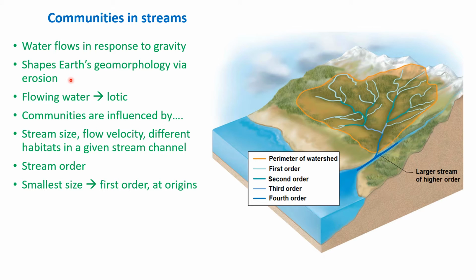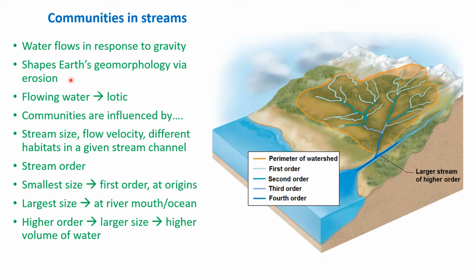Those smallest streams are found at the origin of a particular river, so we are looking at mountains, headwaters in other terms. The largest sized rivers are found at the coastal environments where the river meets the ocean, and those streams are known as high order streams.